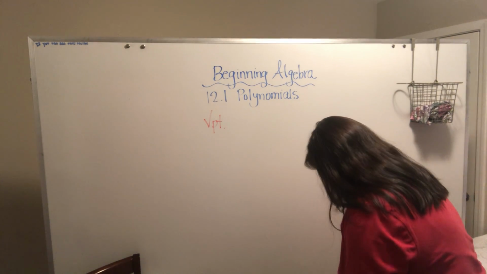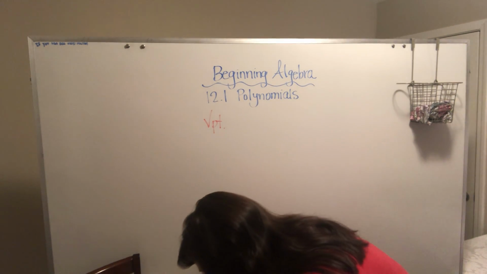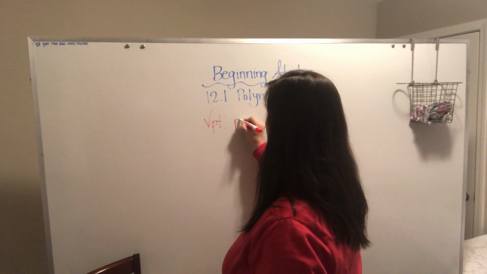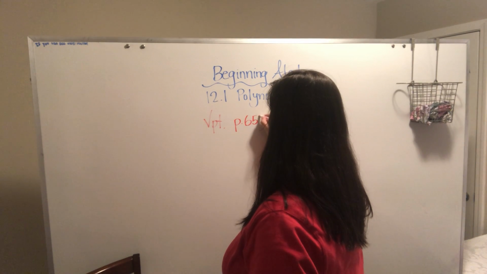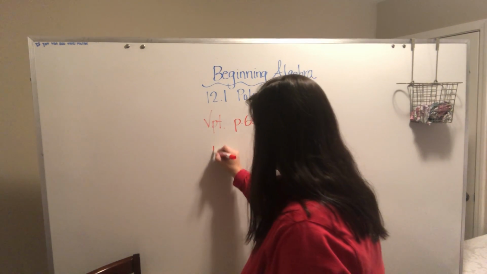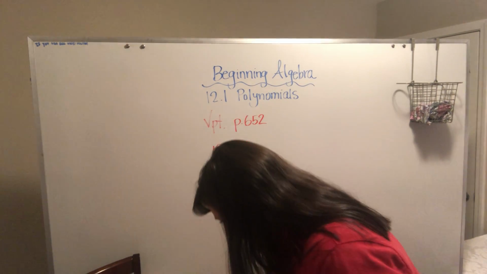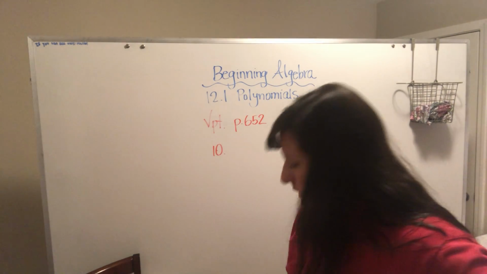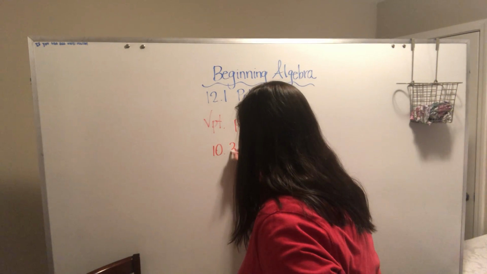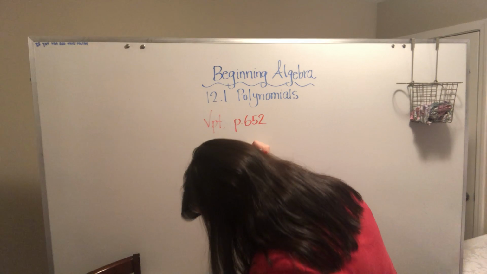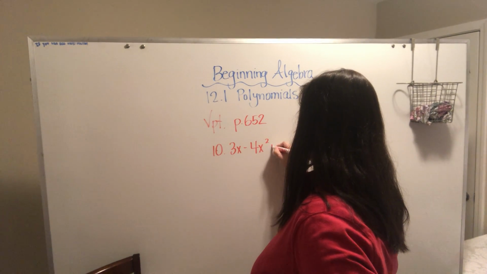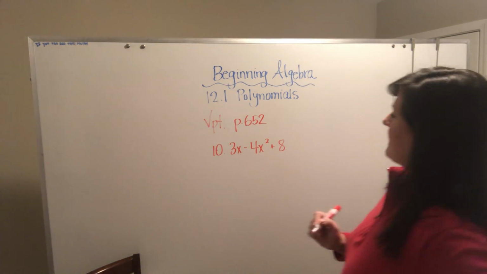At the bottom of page 652, right? Checkpoint, page 652. Let's look at number 10. It says write the expression as a polynomial in standard form. 3x minus 4x squared plus 8.